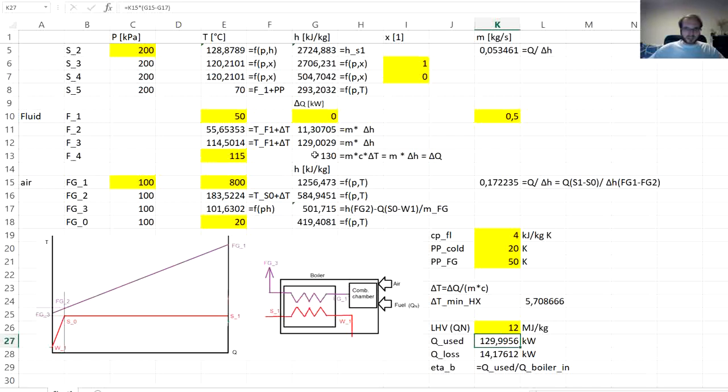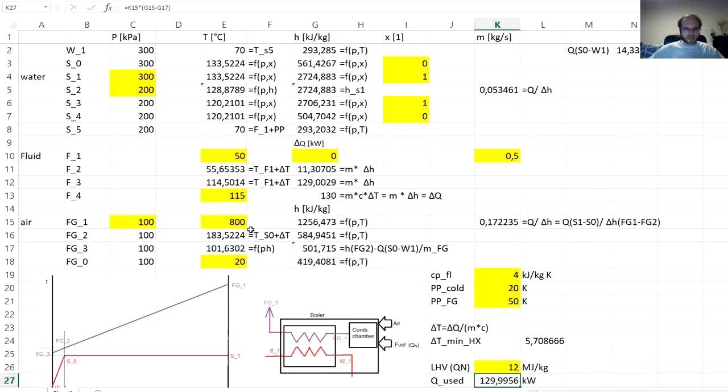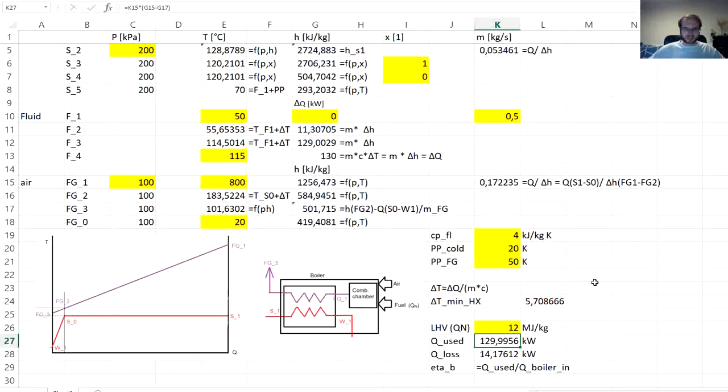It's roughly the same as this 130 kilowatts. The difference is mainly caused by the fact that we transfer the heat to the steam or to the water at elevated pressure, and we excluded in the overall balance the pump work that pumps it back from 200 kilopascals to 300. So that would be the remaining part of the heat.